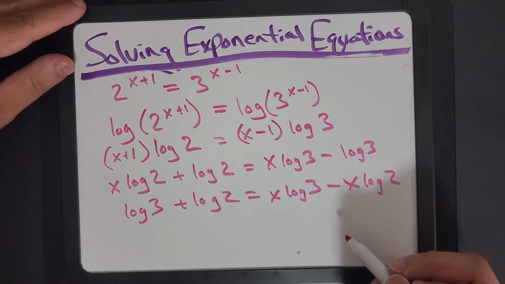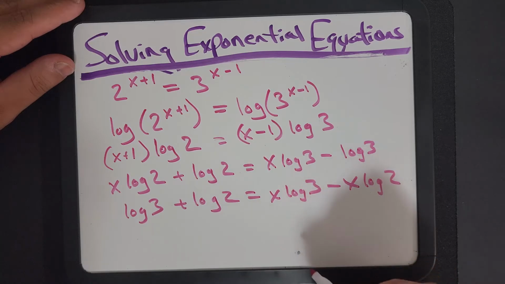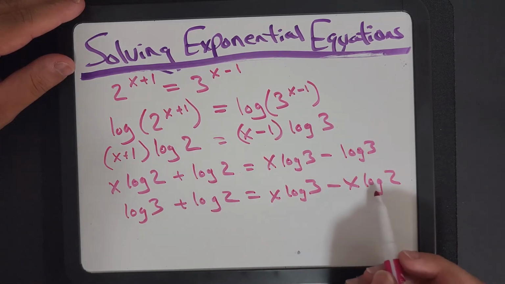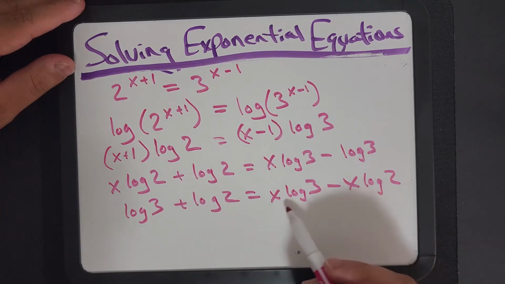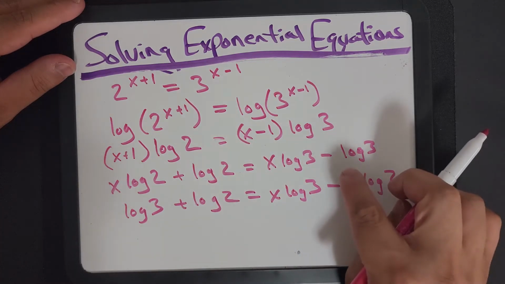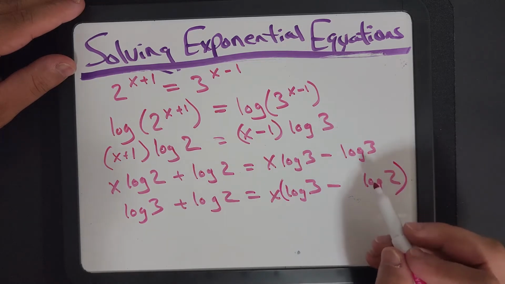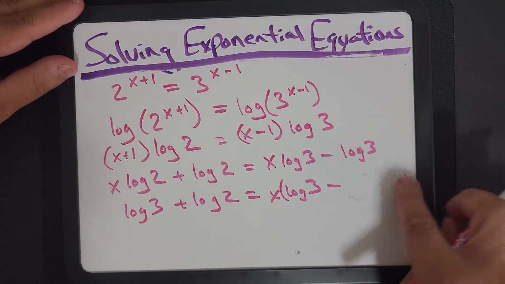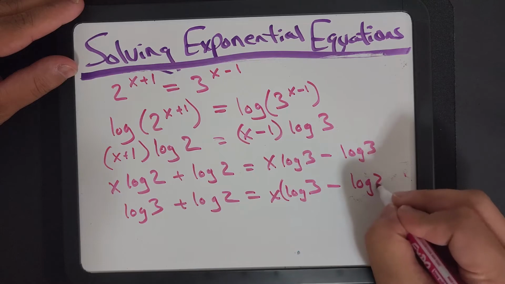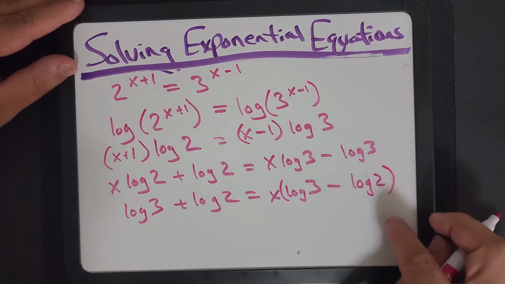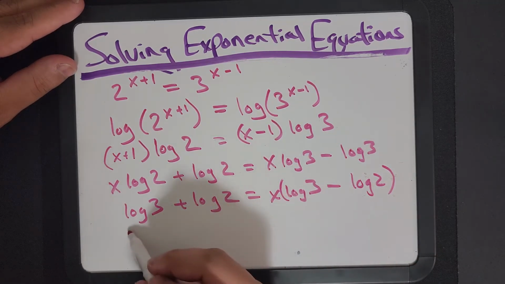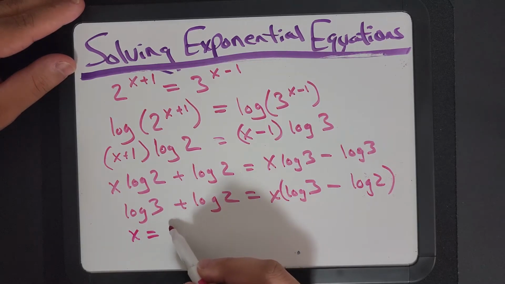And what I'll do is divide. See, now I can actually factor out an x from this side, like so. So I'll be left with log 3 minus log 2. So now I have x here, I can really just do this.